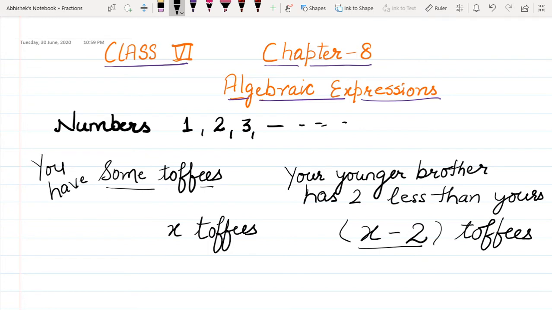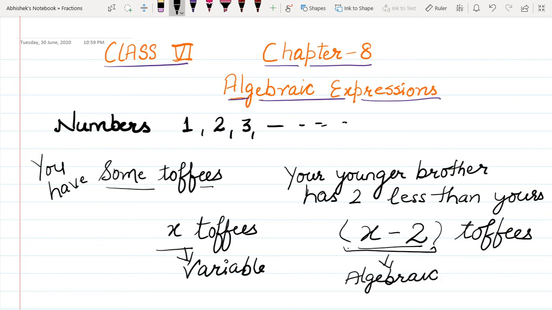You have X toffees and your younger brother has X minus 2 toffees. So what is this X? This X is a variable, and X minus 2 is an algebraic expression.